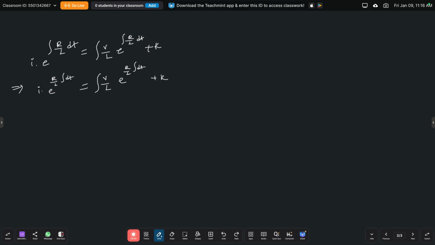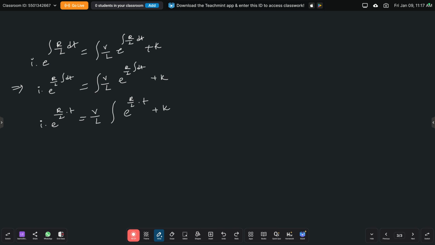Okay, so I into e power r by l into t is equal to, here v by l is constant, so that should be taken outside: v by l into integration of e power r by l into t plus constant k.